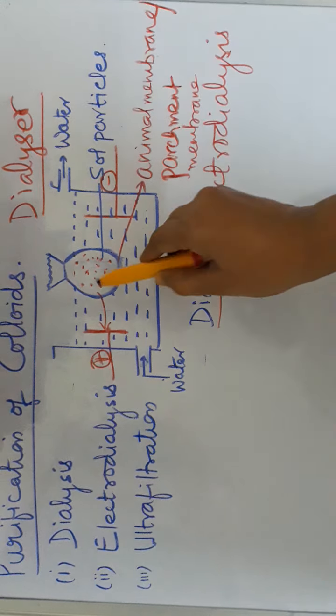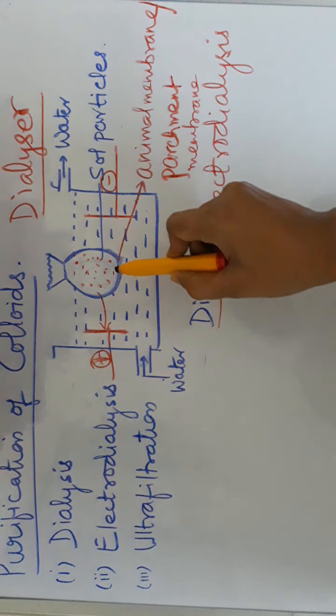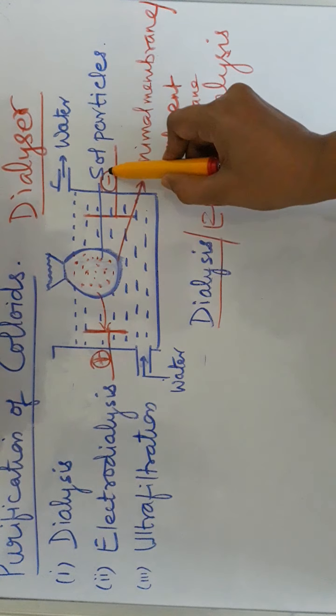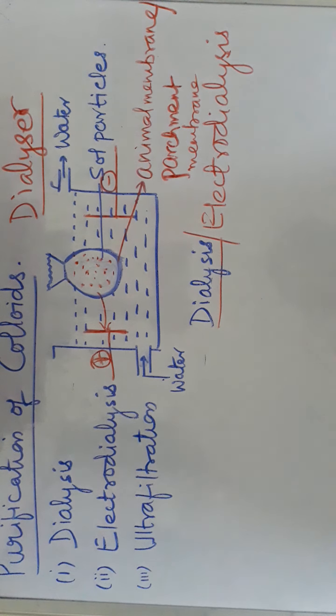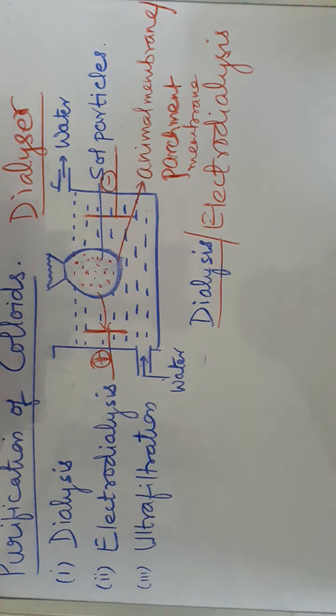So all the anions will move towards the positive electrode of the electric field, all the cations will move towards the negative electrode, and hence it will speed up. The basic principle of dialysis and electrodialysis is the same. The difference is that dialysis, when carried out by applying an external electric field, is called electrodialysis.